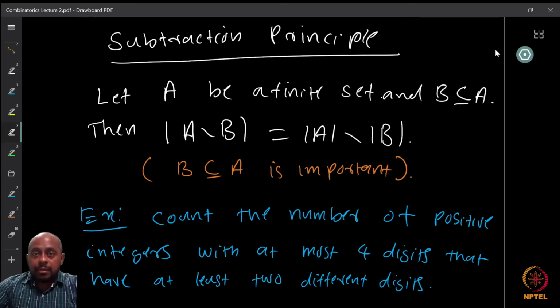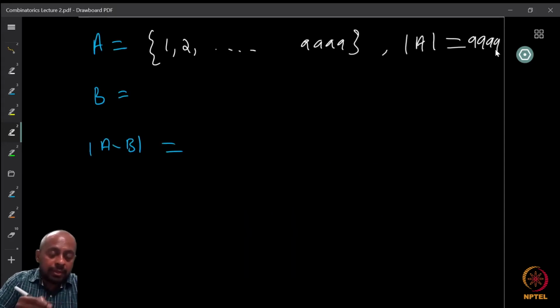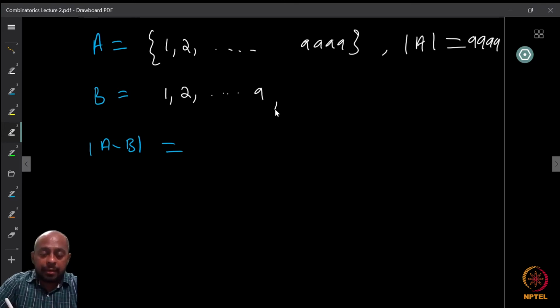So the natural set to look at is all those integers with at most 4 digits, but having only one distinct digit. There are no 2 distinct digits, so exactly the same digit is repeated in all these numbers. Now this is very easy to count. What does B consist of? It has all the numbers 1 to 9. Then it has 11, 22, 33, etc., again 9 of them, up to 99.